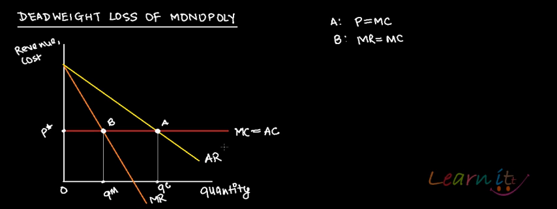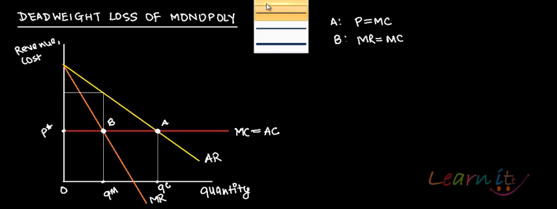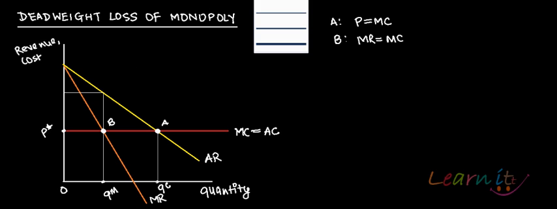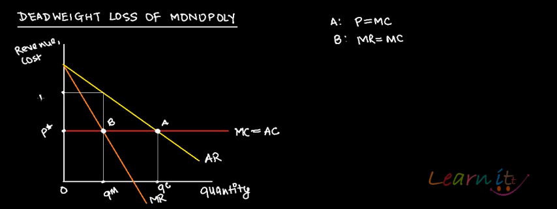So if this were a perfectly competitive industry, the amount produced is QC, while if this were a monopoly, the amount produced is QM, and the price which this monopolist is going to charge is given by this AR curve here, and this is given by P double star. Let me name this point as C.